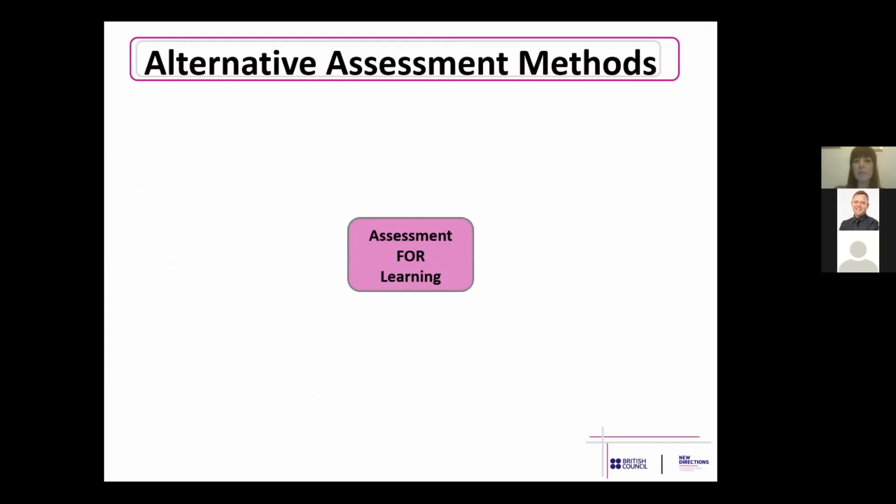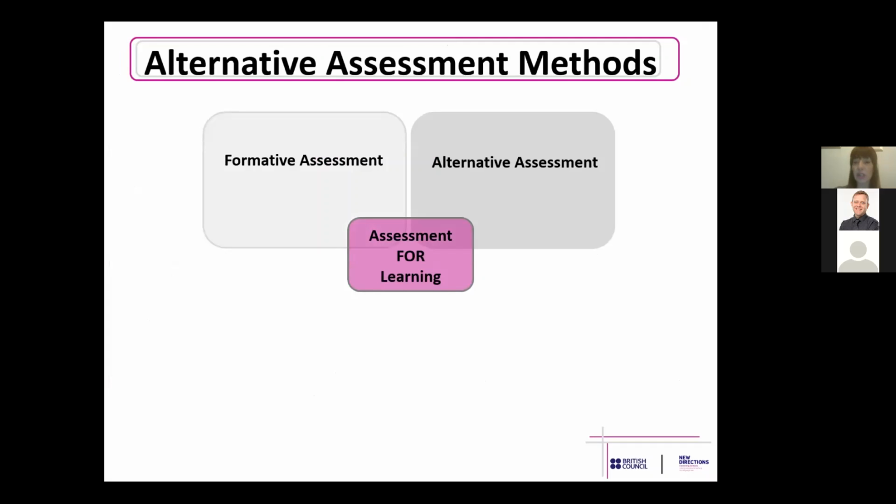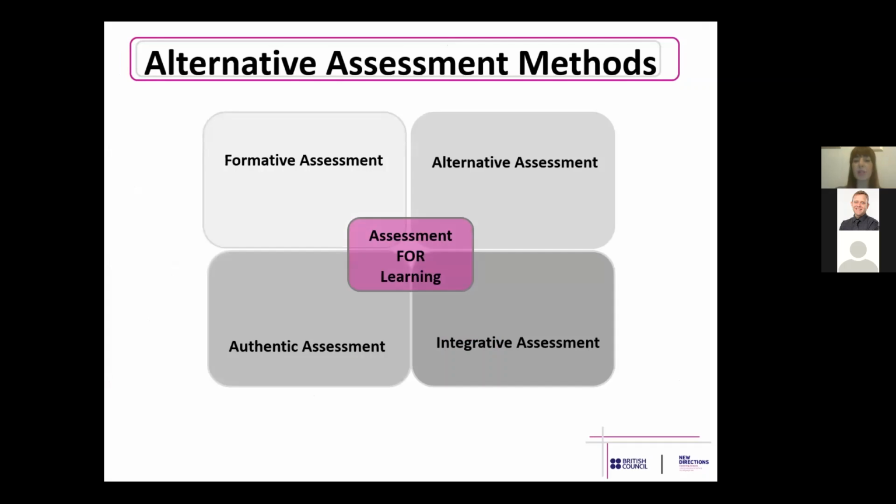Assessment for learning is closely associated with formative assessment, alternative assessment, authentic assessment, and integrative assessment. In my examples today, I'm going to use all these terms and focus on all these different kinds of assessments.